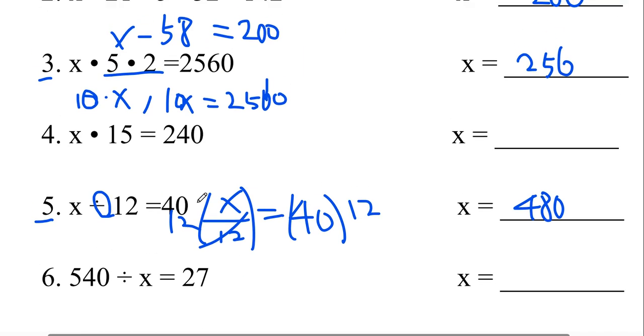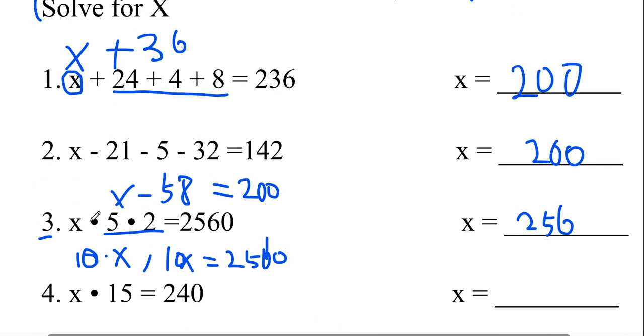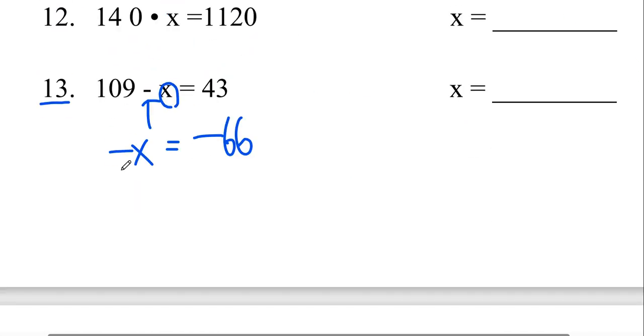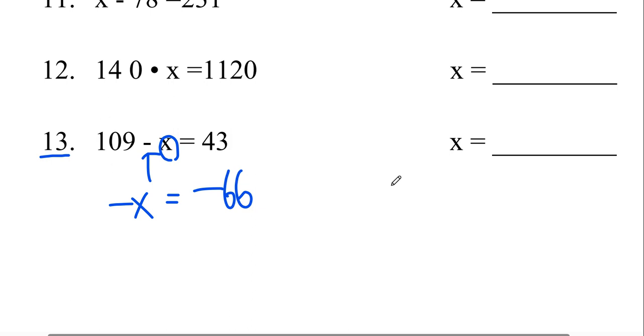In other questions, the x was always positive. And the question is asking to solve for x, which is not negative x. So you have to convert this into positive x, and you can do that by dividing by negative 1 specifically. So if you divide by negative 1, this becomes 66.